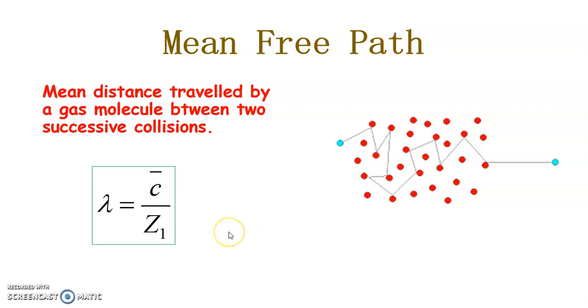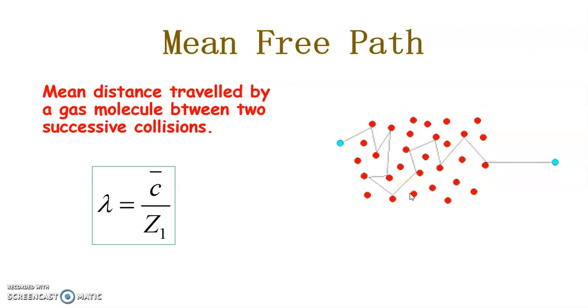You may think, at low pressure, what will be the mean free path of the gas molecule? At low pressure, you can think easily that there will be fewer molecules or the molecules are far apart, and one molecule may take more time between two successive collisions.